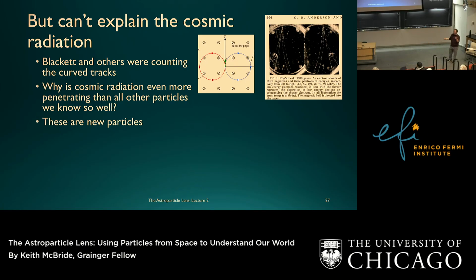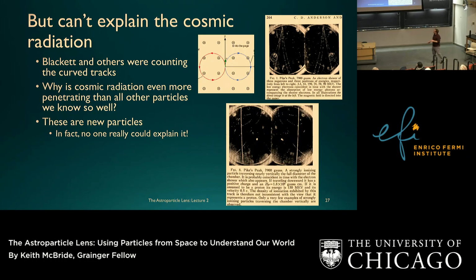So when we take these photos, it's very hard for the community to say, these are new particles. These cosmic rays that we're observing are new particles. In fact, no one really could explain it. When Carl Anderson showed the tracks and said, look, I can tell you Bethe-Bloch explains this one, magnetic field, this one bends this way, no one really believed that this was a new particle, right?